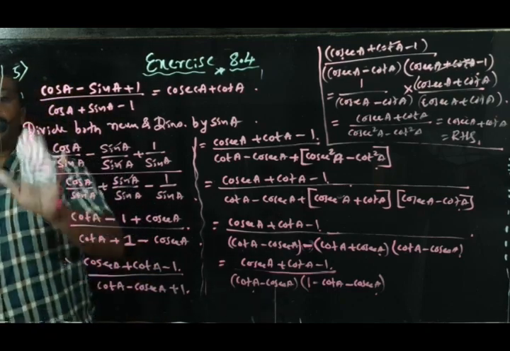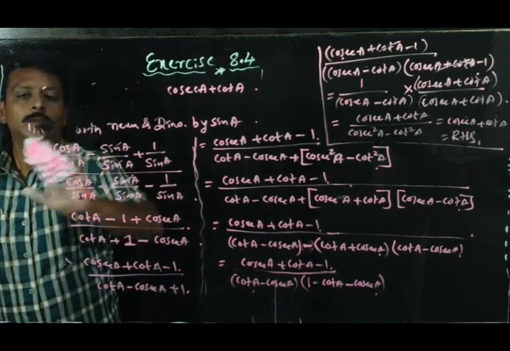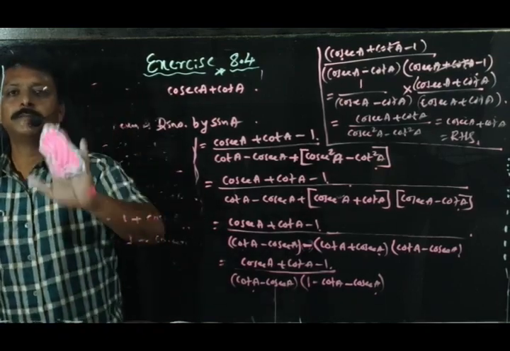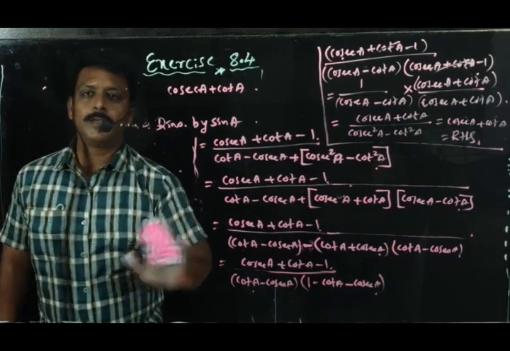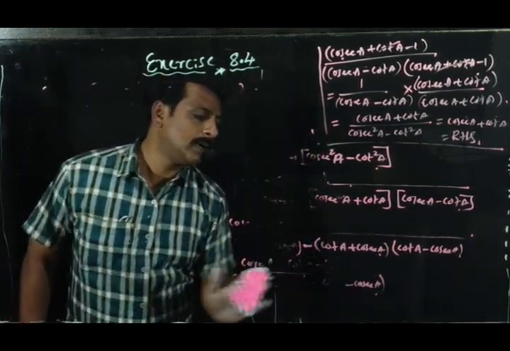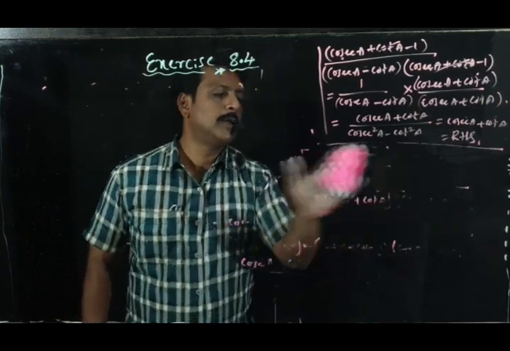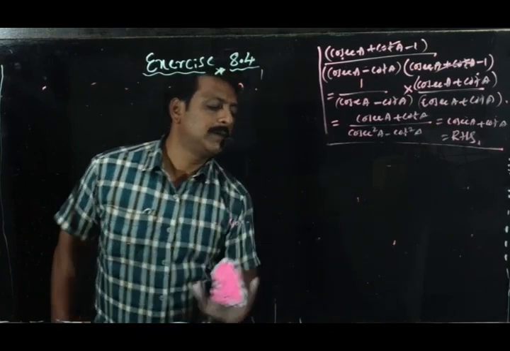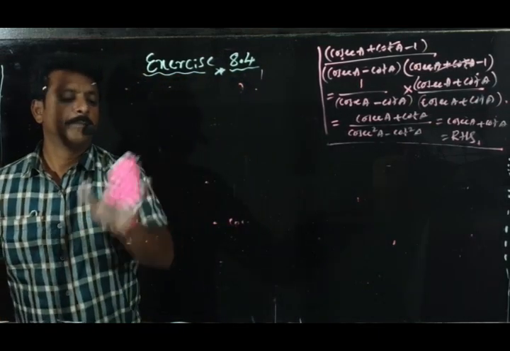So look into your textbook. What is sixth sum? Try to understand what is sixth sum. Sixth sum also they are asking you to prove, which is normally very, very important for your examination. That's why try to observe it properly.